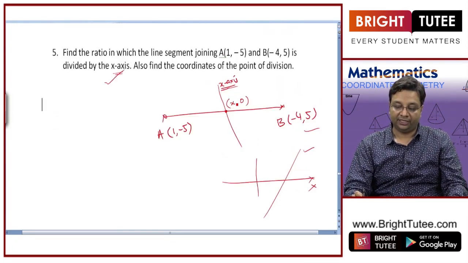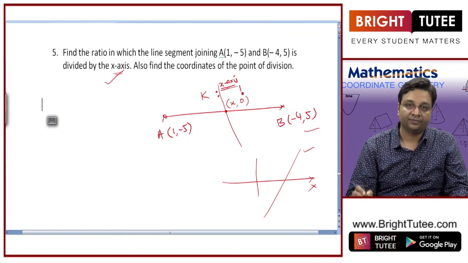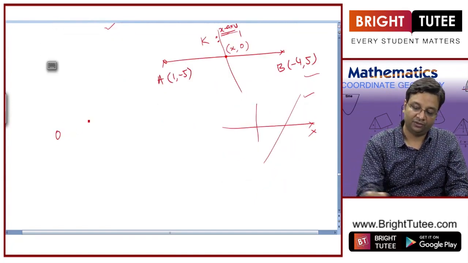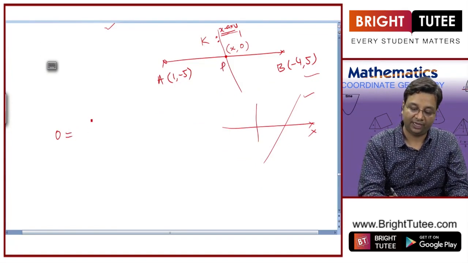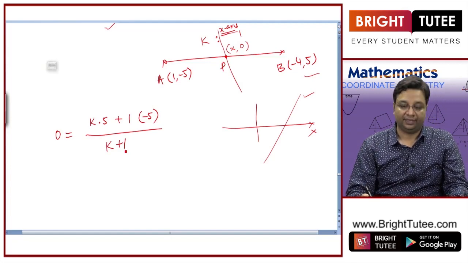So we need to find the ratio. Let's first of all assume that the ratio is k is to 1, right? So look at the y coordinate. What will be the y coordinate of this point P? It is 0. It will be equal to k into 5 plus 1 into minus 5 divided by k plus 1, right?